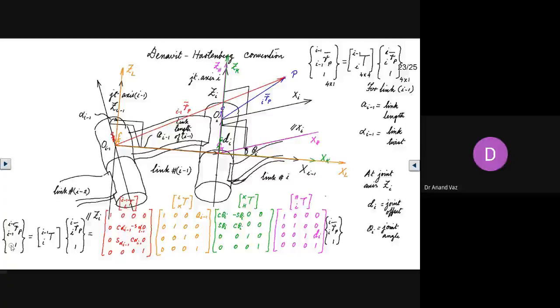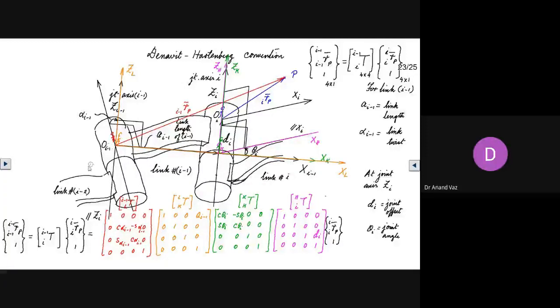So what is this T matrix? It is just the product of these four matrices. I hope you can see that. This part is already here. This is the position which we are going to get: the position of the point P as observed and expressed in the frame I minus 1.